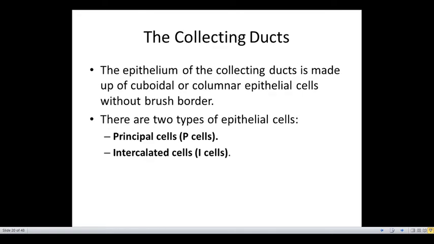The epithelium of the collecting ducts is made up of cuboidal or columnar epithelial cells without brush border. There are two types of epithelial cells present in the collecting ducts. Number one, the principal cells, and number two, the intercalated cells, the P cells and the I cells.